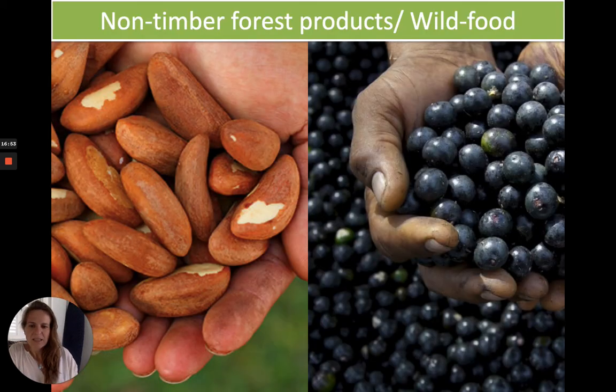That's the case as well when we think about non-timber forest products and wild food that come straight from the forest. In that case, it's important to note that those plants would need the animals to complete their life cycle, as for example, the Brazil nuts and the acai fruits.